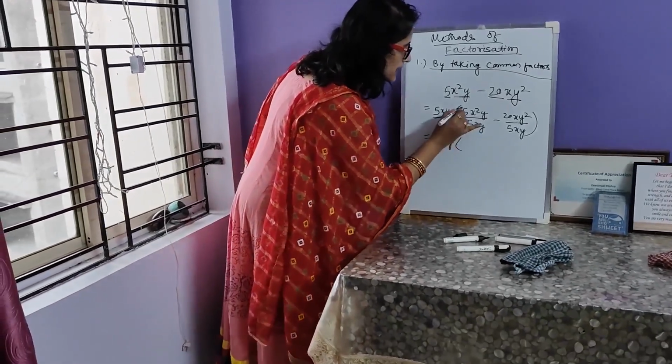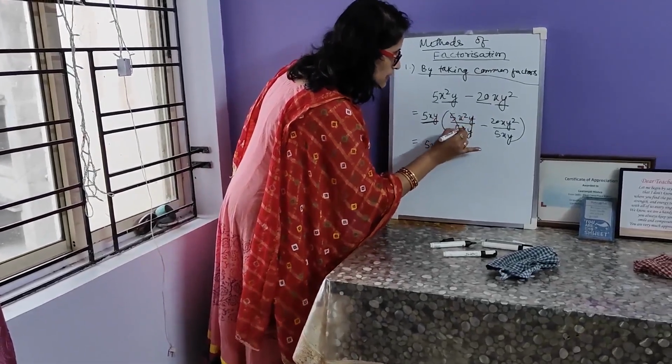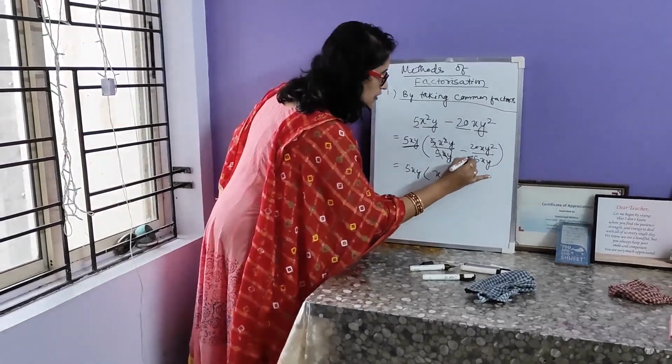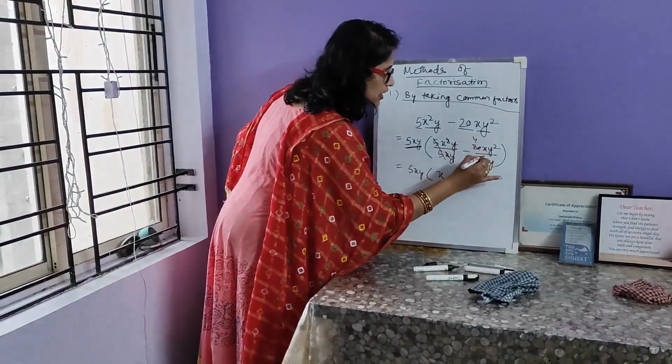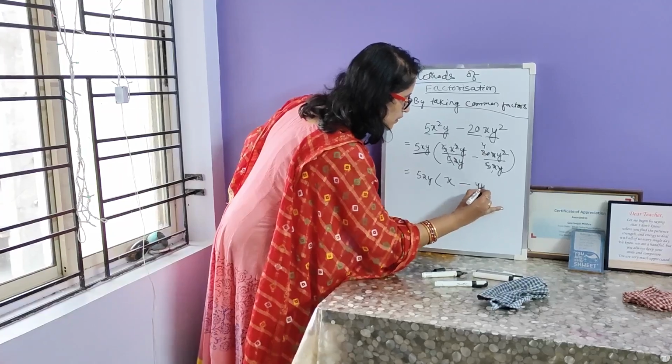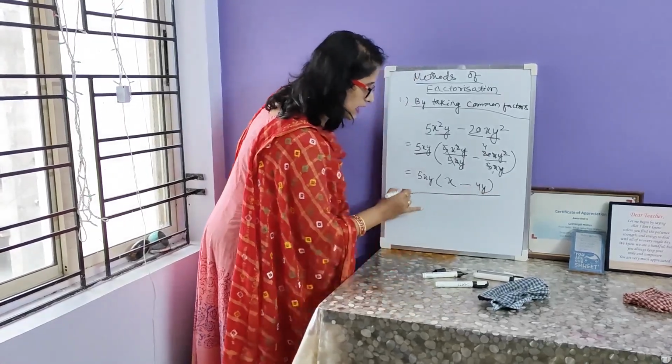Then here we get only x, and here 20 divided by 5 is 4, and y square divided by y gives y, so we get 4y. So this is my answer.